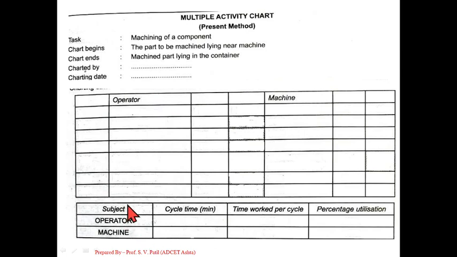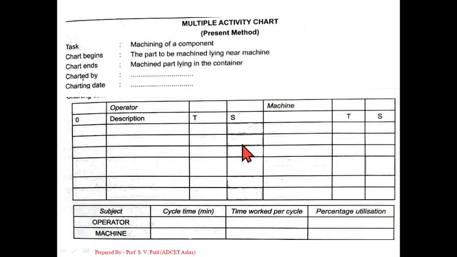So initially we are supposed to prepare such kind of a table. The first column is for the time, then operator. After that there are 2 columns. In the first column there is the time for the operator, and the symbol for the operator.